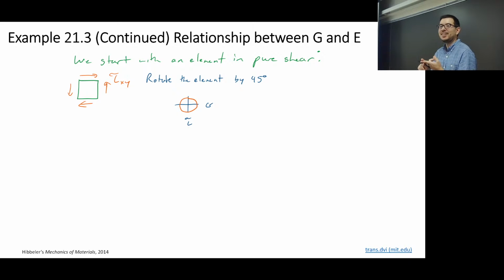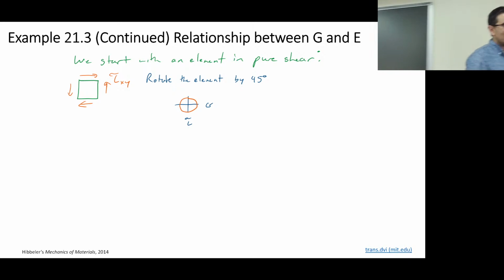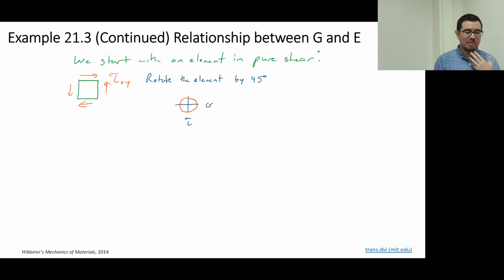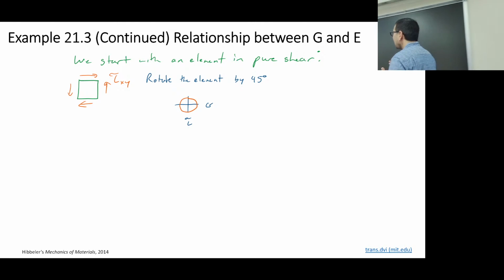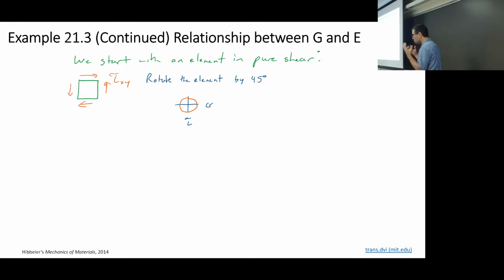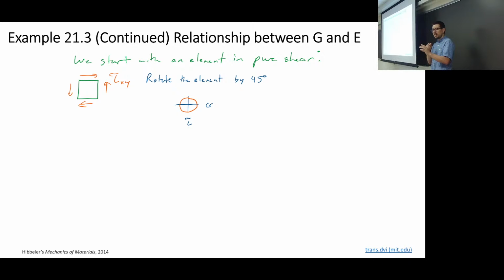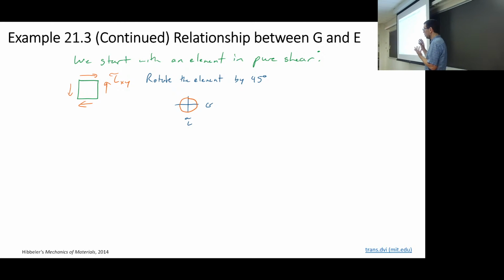Yeah, whatever. So we're rotating this element by 45 degrees. This is the bullseye, target practice, crosshairs. That's what you get in your head for pure shear when you're dealing with stress.